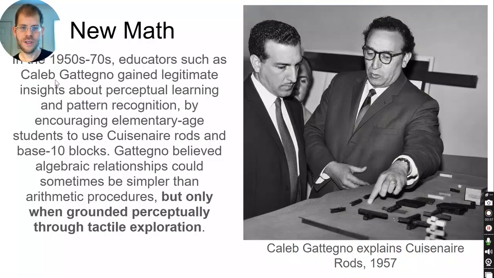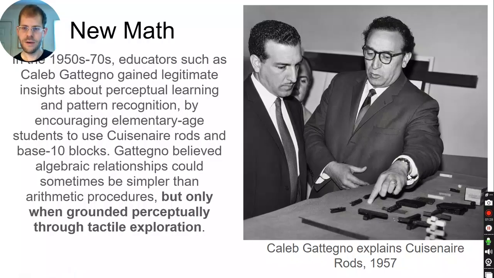At first, it was led by this man, Caleb Gattegno, and he was using these rods and blocks to help students visualize numbers or experience numbers perceptually instead of just symbolically. And so that was the key. He wanted numbers to be grounded in the perception of these elementary school kids he was working with.